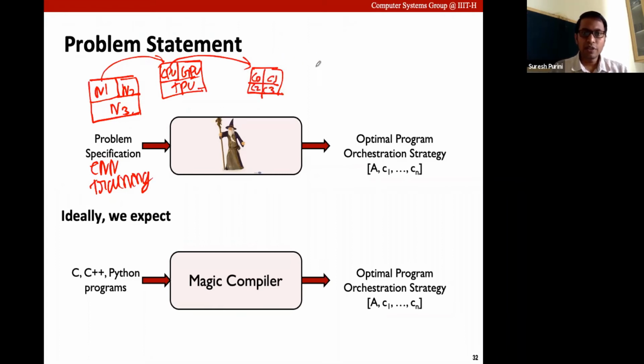Then you want to decide whether to use 4 threads or 8 threads for execution.